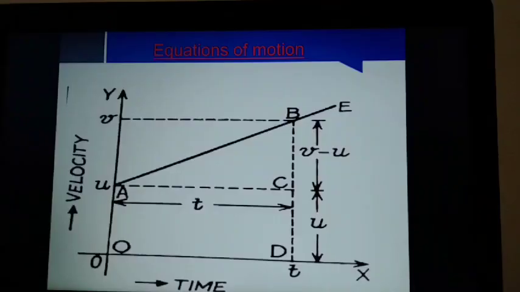Okay, so now we can go for the graphical derivation, derivation of equations of motion based on graph. The graph that we use for deriving the equations of motion is the velocity time graph for a uniformly accelerated motion, motion with uniform acceleration.